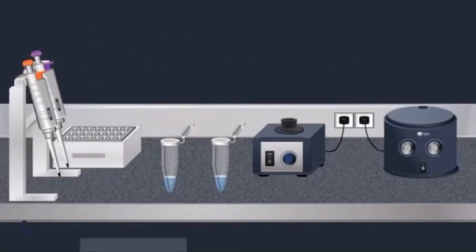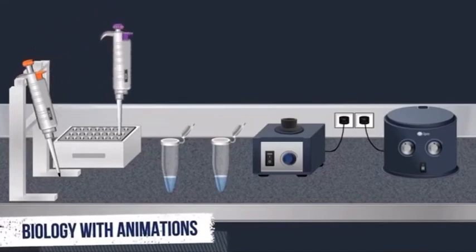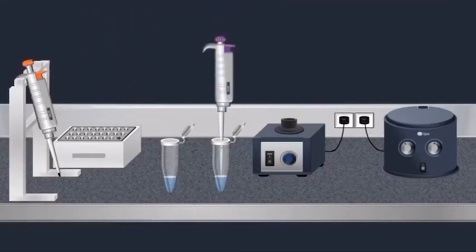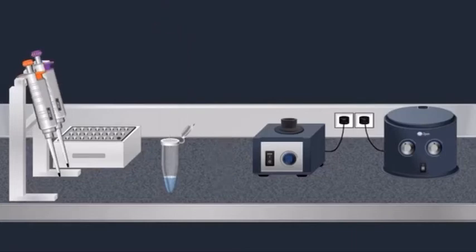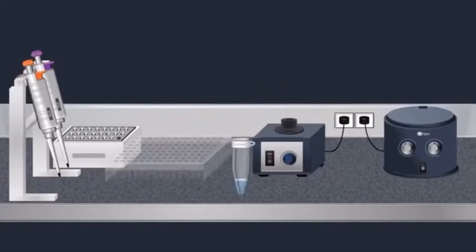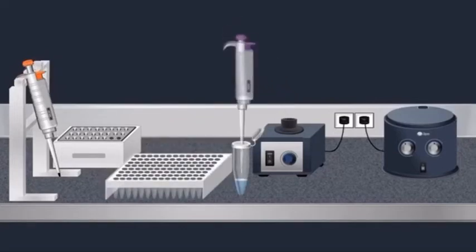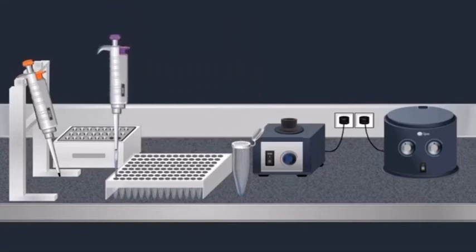Finally, to complete this reaction mixture, the RNA template is added. The tube is mixed by pulse vortexing. Then the reaction mixture is loaded into a PCR plate, which generally contains 96 wells, allowing the analysis of several samples at the same time.